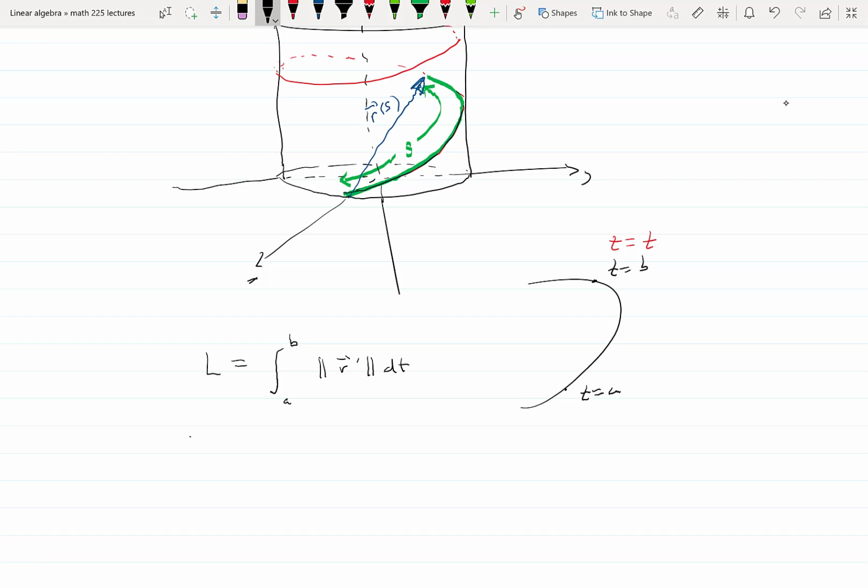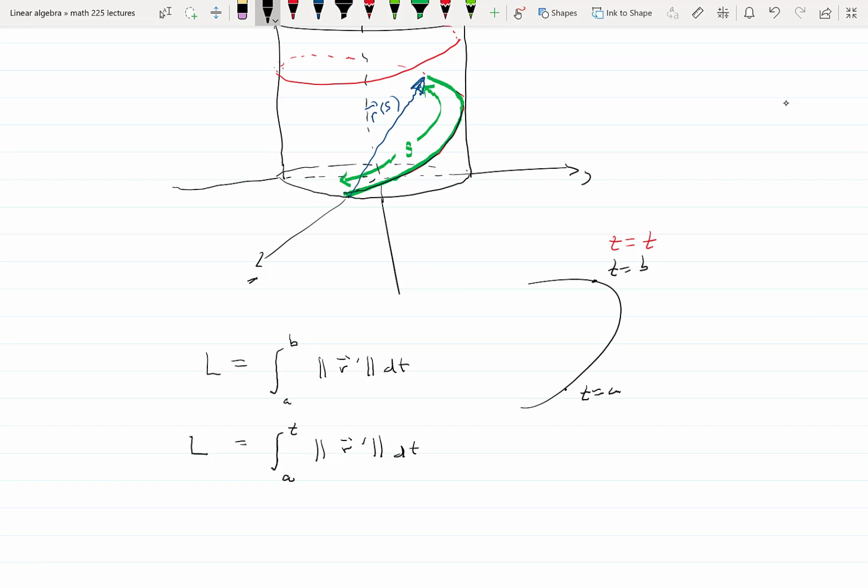So I'm going to have an arc length function L, which is the integral from a to t of the length of r prime dt.